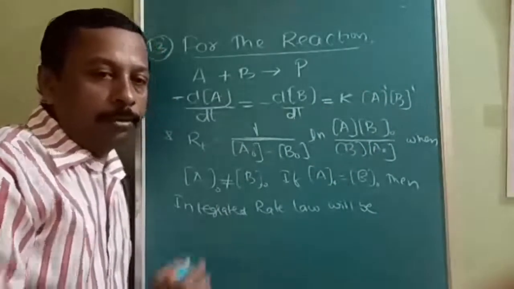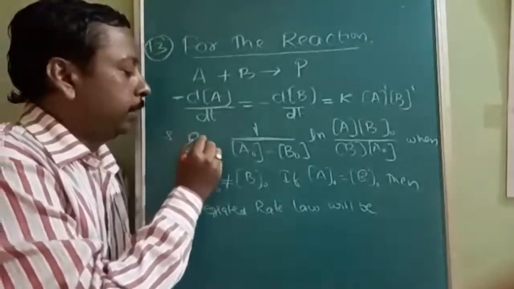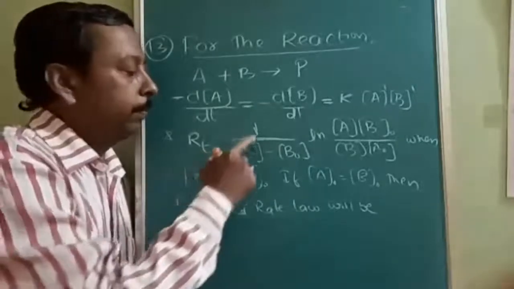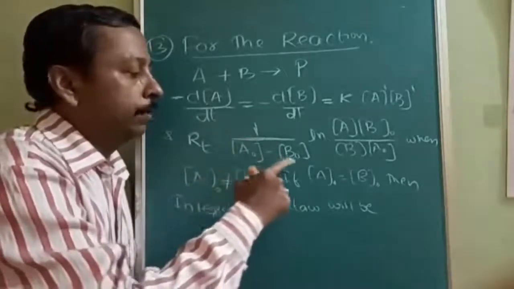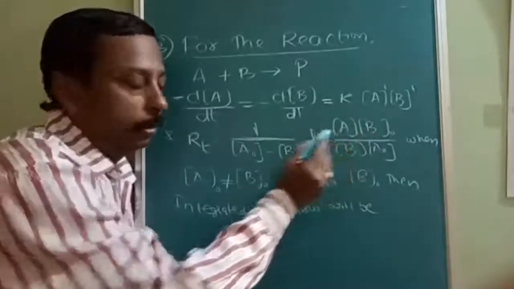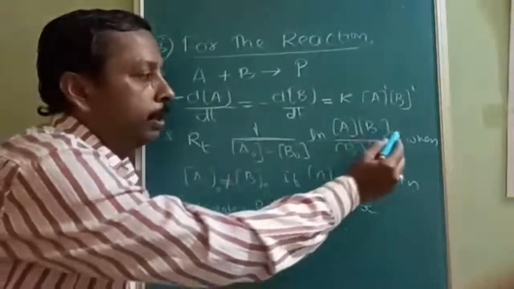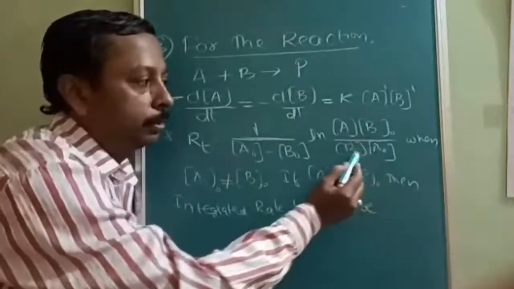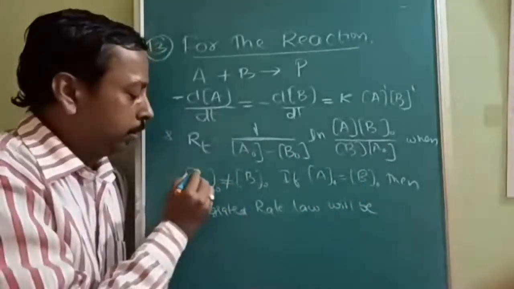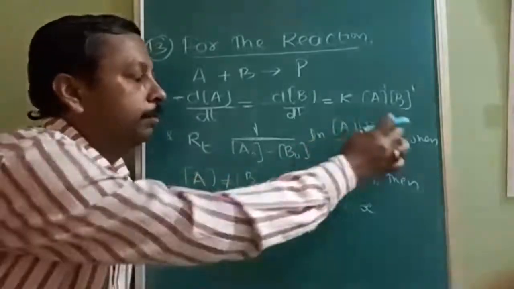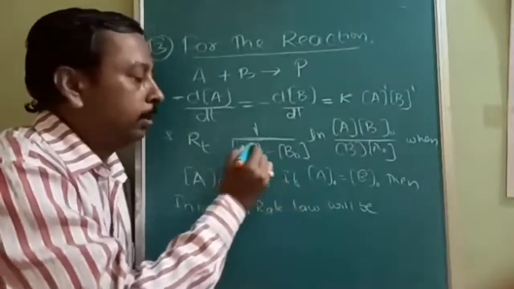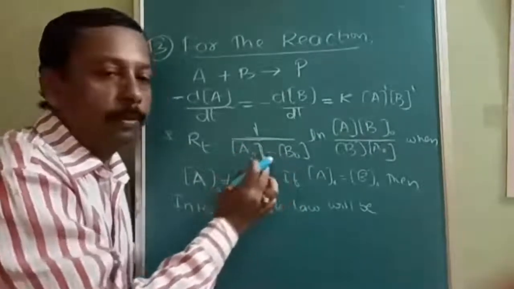So the rate constant at any given point of time is equal to 1 upon A naught minus B naught. Naught represents initial concentration, and A and B represent the concentrations at a given time T. A naught is the initial concentration, and B is the concentration of B at a given time T. Now, this is possible when both concentrations are not equal, because if they are equal, then this will become 0.